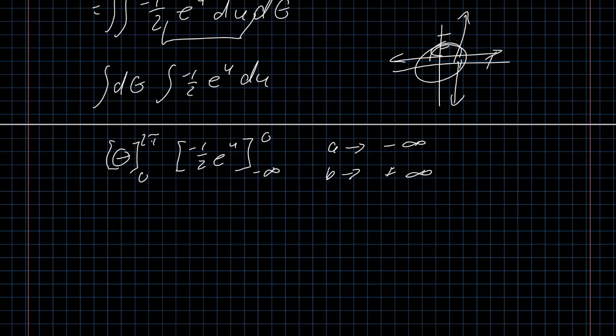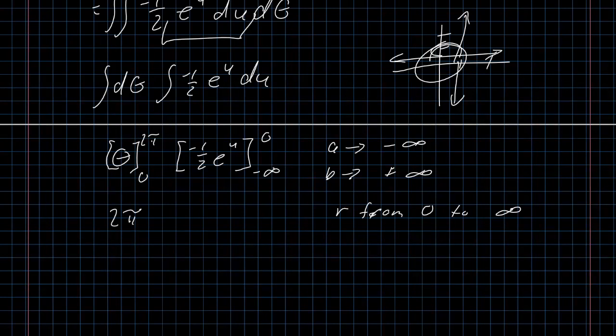All right, so it doesn't work in general, but it works in this one case. A goes to negative infinity, B goes to positive infinity. And that's going to be r from 0 to infinity. And again, since u is minus r squared, that's why u is going to go from minus infinity to 0.